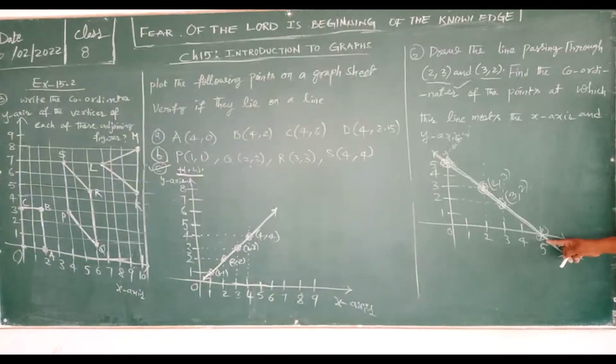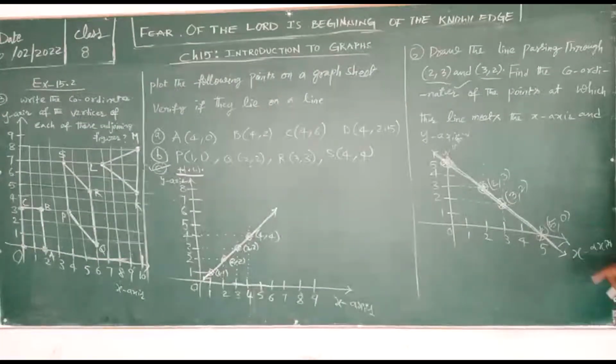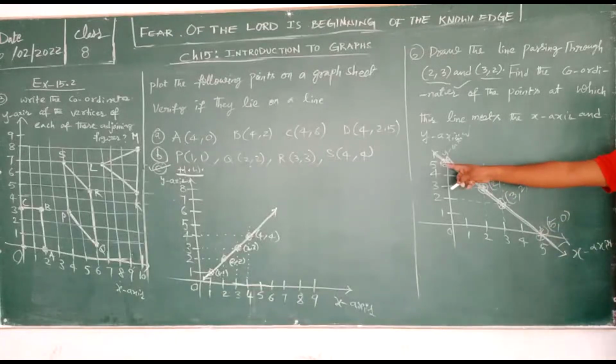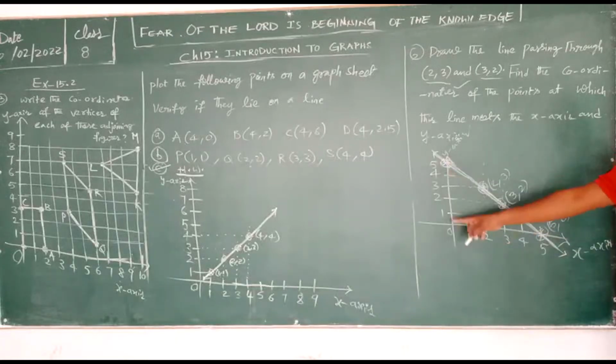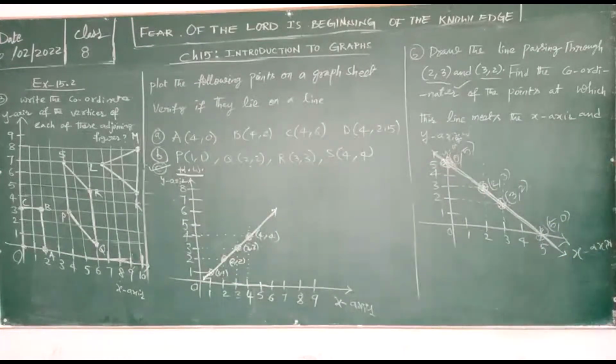On the x-axis you find 5 comma 0. Here 5 is on the x-axis and the y is 0. Similarly on the y-axis, x is 0 and y is 5. So you need to write the final answer as 5 comma 0 on the x-axis and 0 comma 5 on the y-axis.